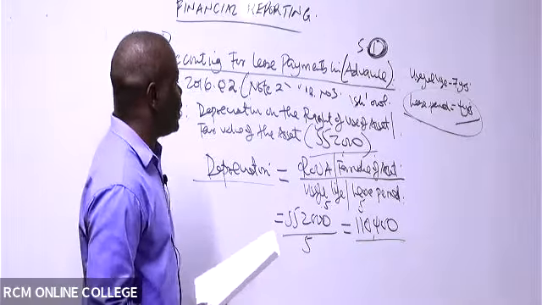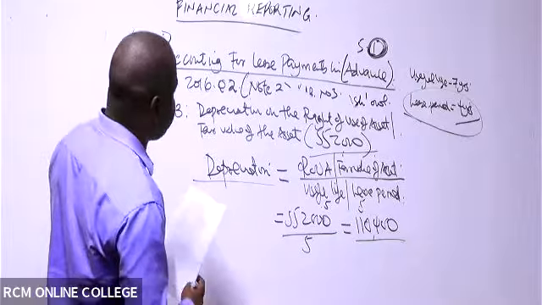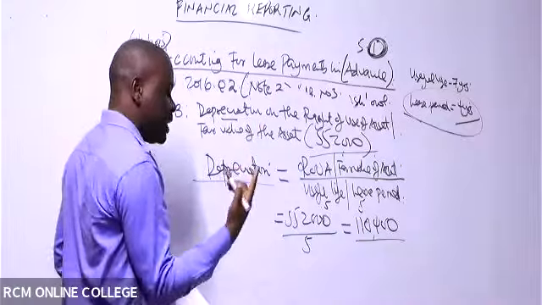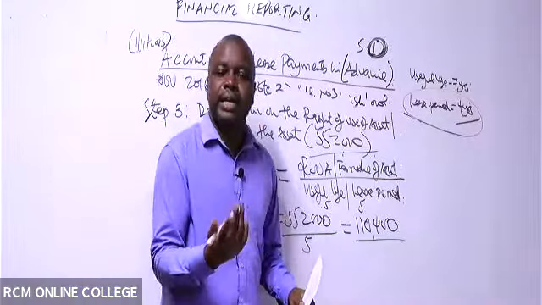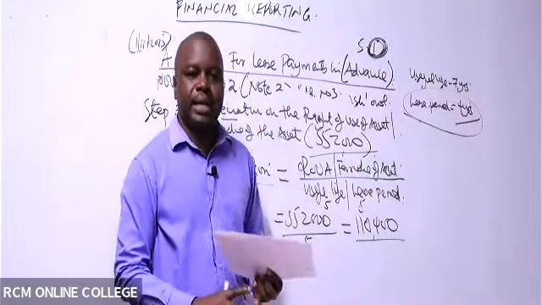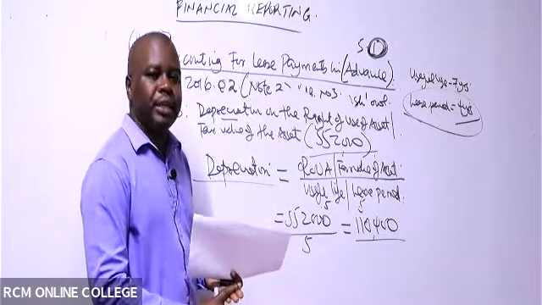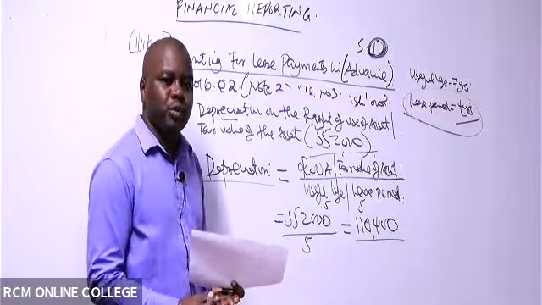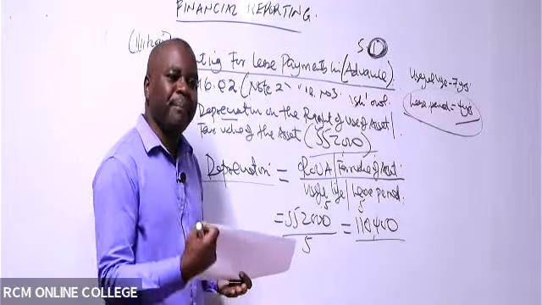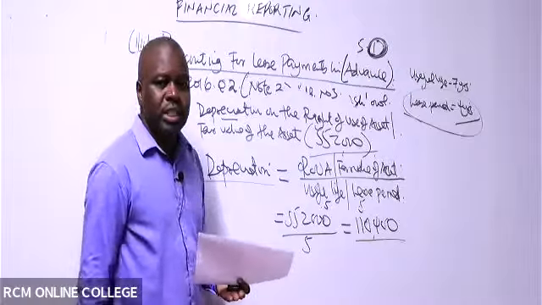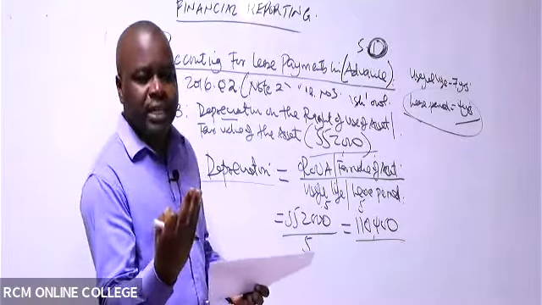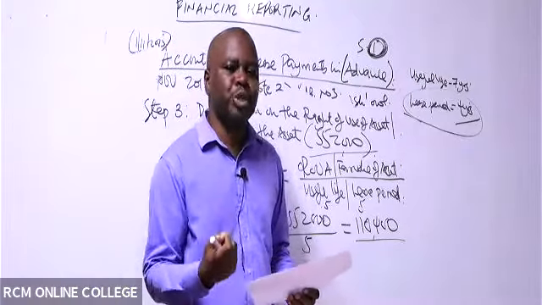Then we said, once you've computed the depreciation, there are 3 remaining key figures you have to get under a lease question: interest under the lease, the non-current liability obligation, and the current liability obligation. And how do you get these? We use the amortization schedule. So in our next step, to get those 3 figures, we have to come up with the amortization schedule.